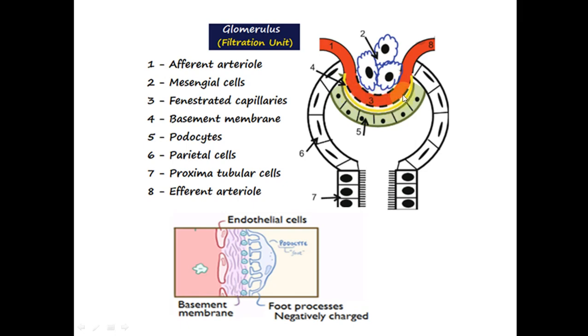into the Bowman's capsule. The glomerular basement membrane of the kidney is very important. On the inner side towards the glomerulus there are endothelial cells with fenestrations, and outside the capillaries there is the very specialized basement membrane, and outside the basement membrane is the visceral epithelium.